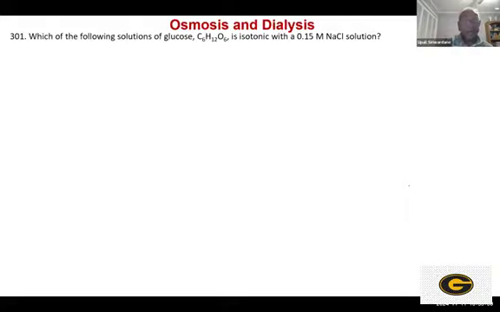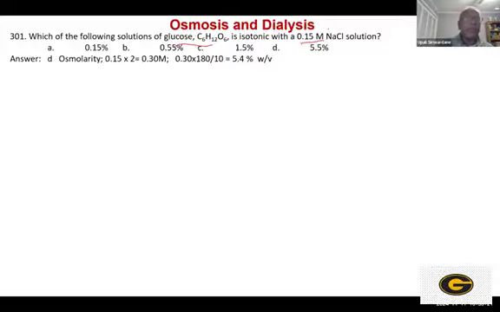Let's answer this question. Glucose, isotonic to. I did the calculation. You calculate the osmolarity of 0.15. This is 0.3. Osmolarity of sodium chloride 0.3.